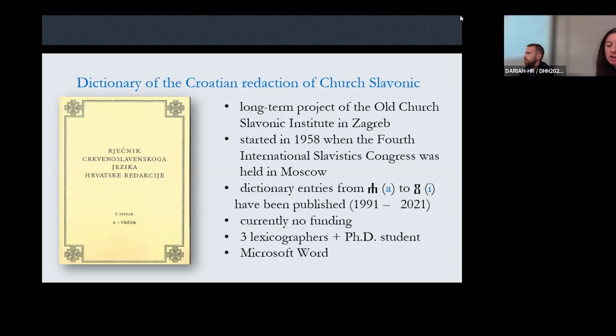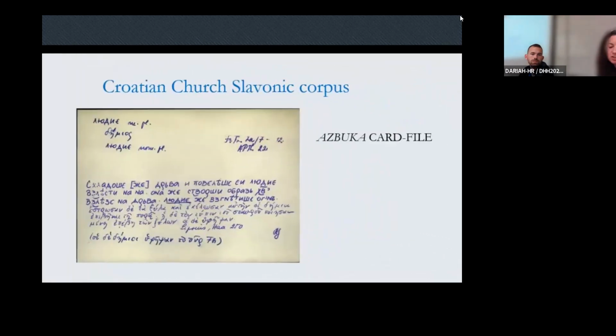The dictionary entry is quite complex, as you will be able to see, and since the language is not modern and currently spoken, it takes a lot of effort for a researcher to become capable of compiling this dictionary.